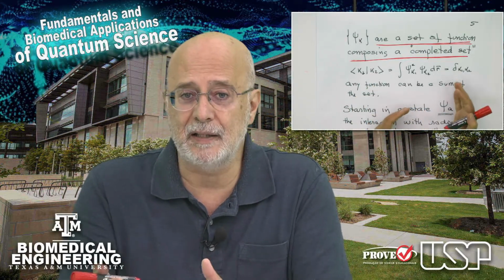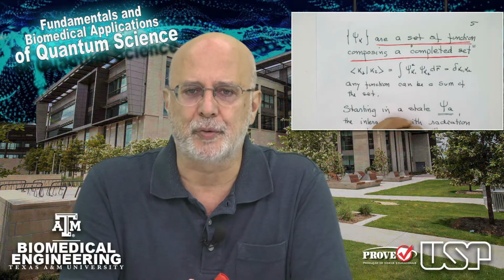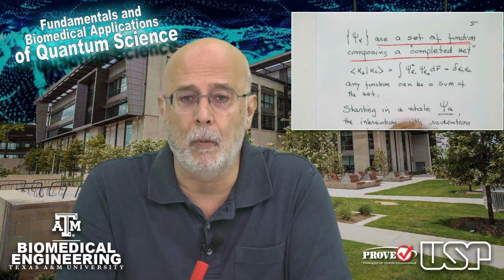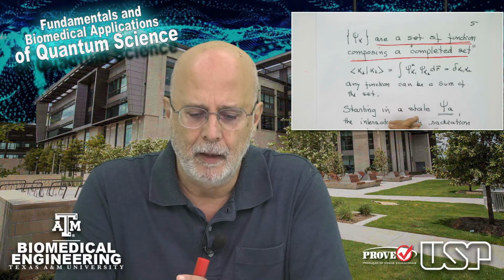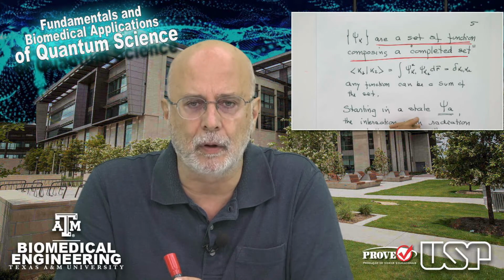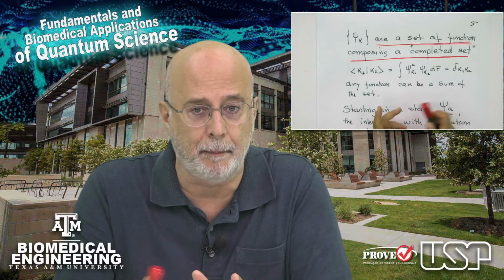And by the way, sines and cosines are solutions of the wave equation, demonstrating that sines and cosines are a good complete set, and they are orthogonal as well. What does it mean to be orthogonal? It means that they are independent, linearly independent.